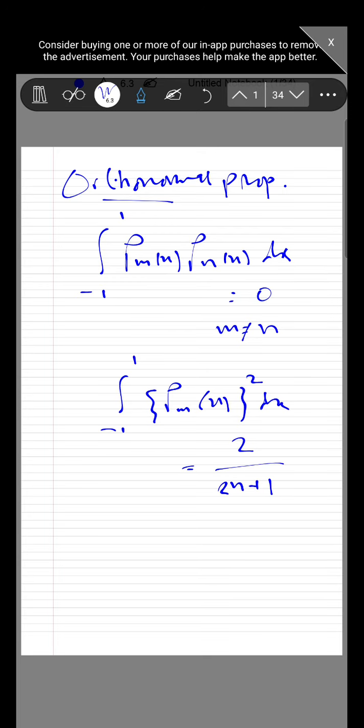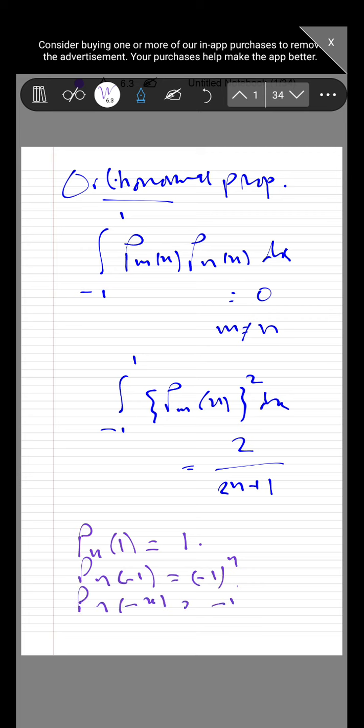And there are a few more properties of Legendre, like P_n(1) is equal to 1 and P_n(minus 1) is equal to minus 1 to the power n, and P_n(minus x) is equal to minus 1 to the power n into P_n(x).